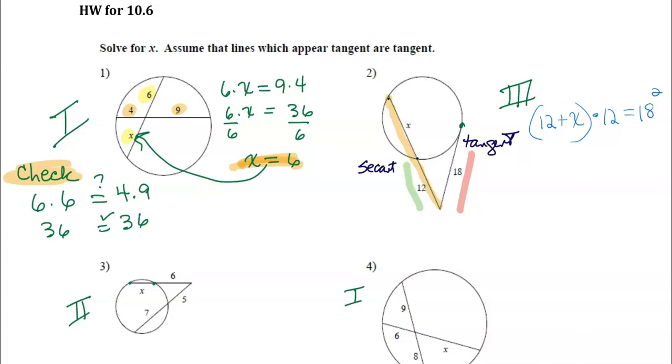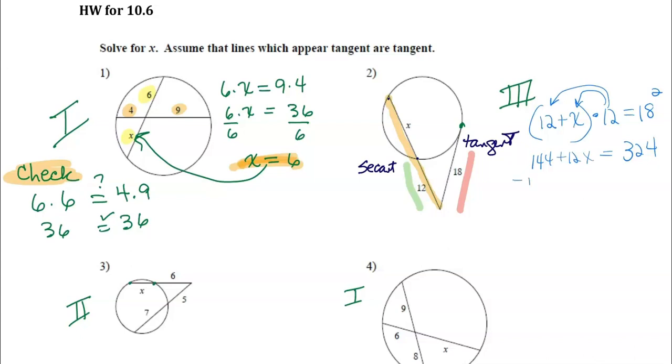Okay, so we're going to do some multiplication here. So 12 times 12 is 144 plus 12x equals, and let me find out what 18 squared is. So 18 squared is 324. Okay, that's our first step. So what I did was I distributed here and here, and that's how I got the 144 plus the 12x. Okay, so now I have a two-step problem.